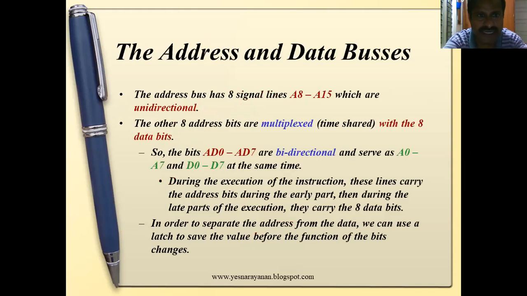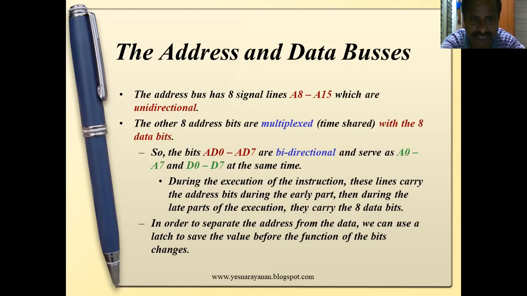The address and data bus. The address bus has 8 signal lines, A8 to A15, which are unidirectional, only one direction. The other 8 address bits are multiplexed, that is time shared, with the 8 data bits.